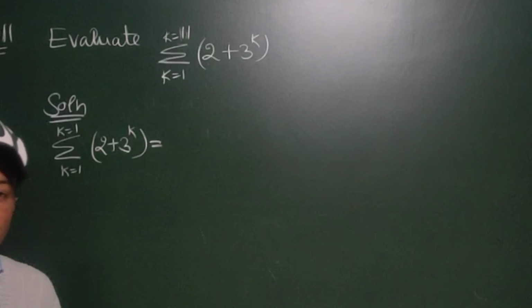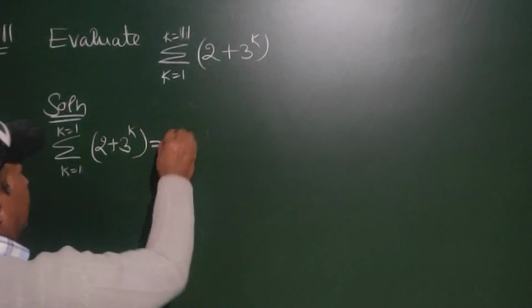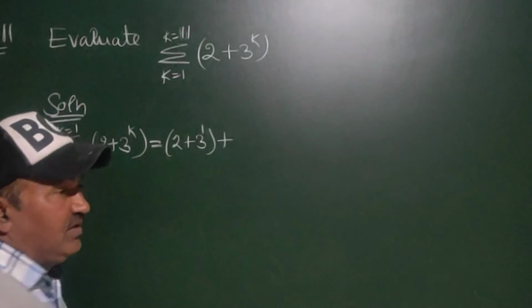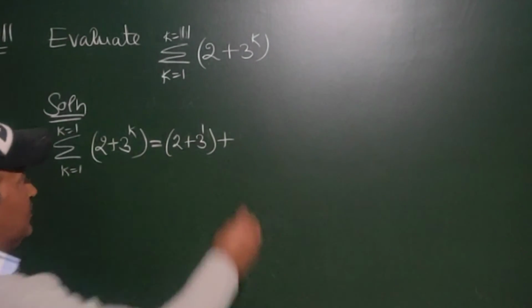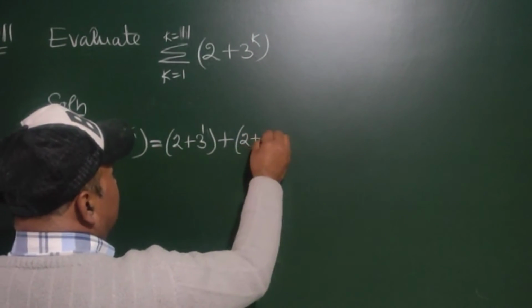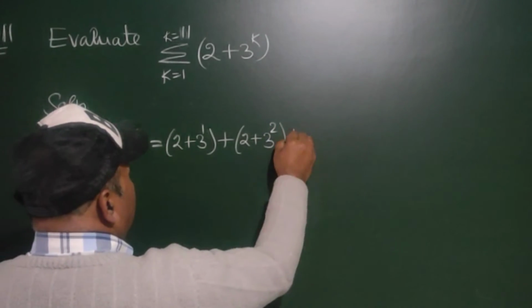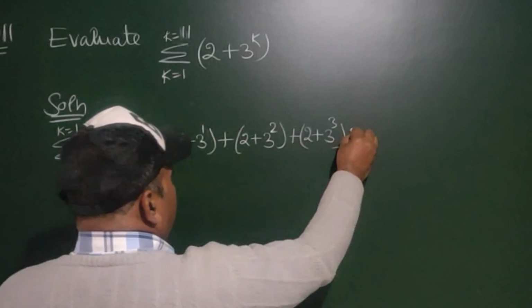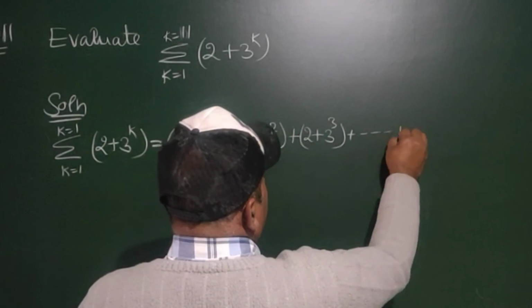That is equal to, putting k equal to 1, we get 2 + 3^1. Putting k equal to 2, we get 2 + 3^2. Then 2 + 3^3, and so on.